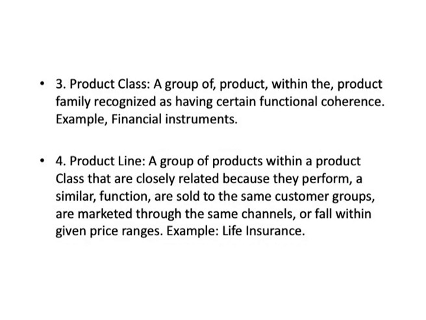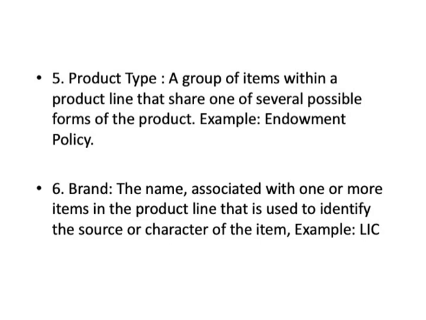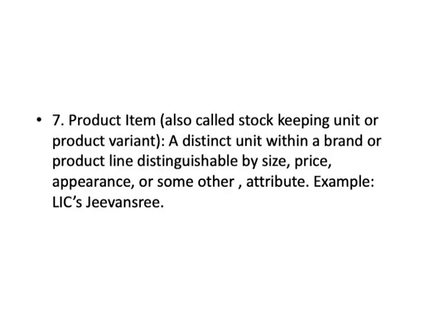Then we talk about product class. People have some functional coherence. I'd look at it as an investment vehicle or tax saving vehicle. What are the different product lines? Life, non-life. Then there is product type that I have. It could be an endowment policy, money back policy. And here I'm associating the brand, which is LIC, and the product item.